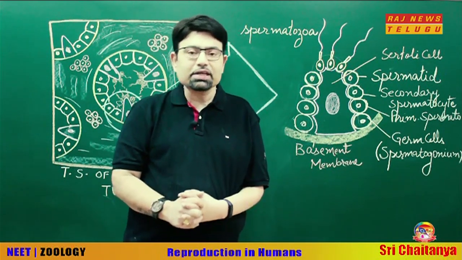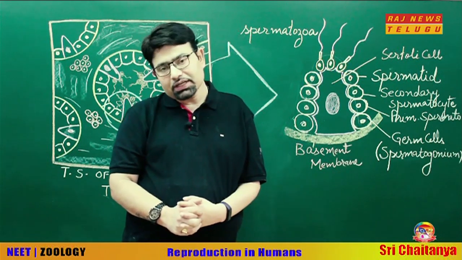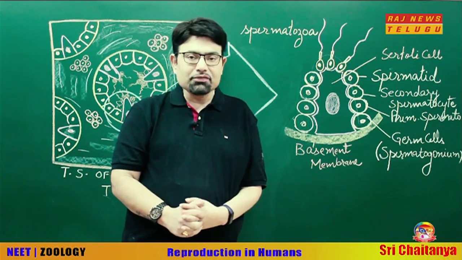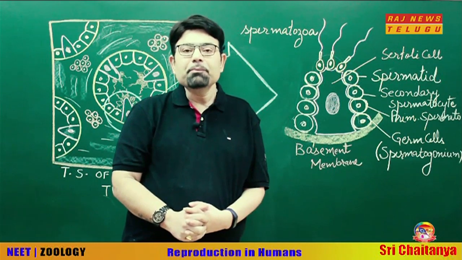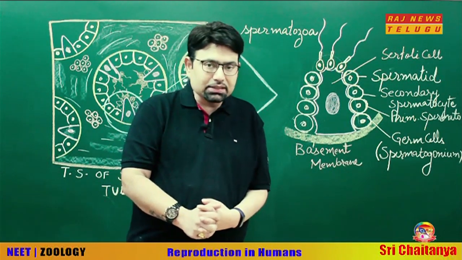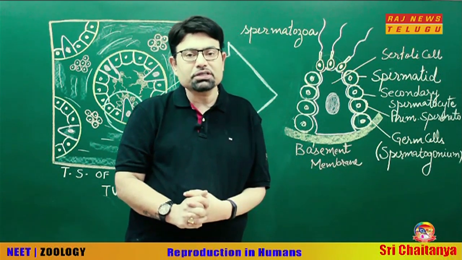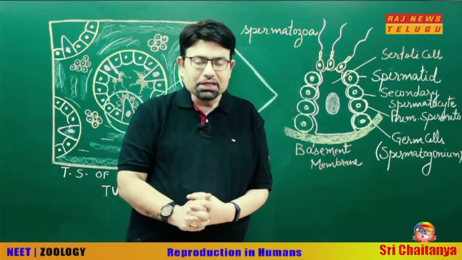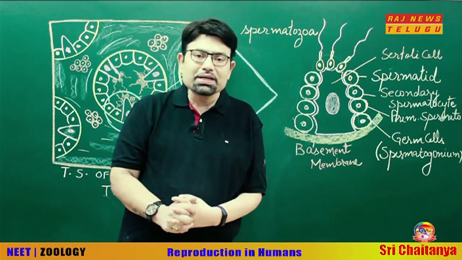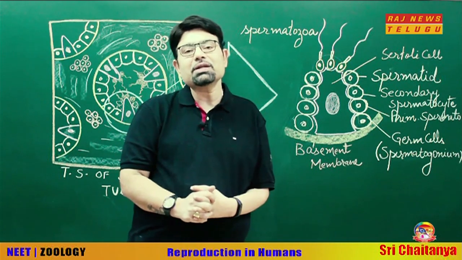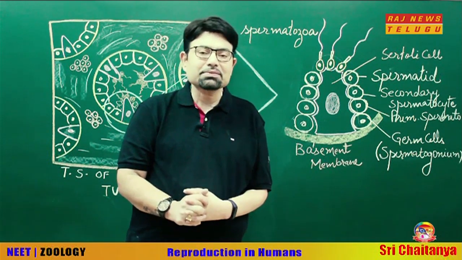Before that, a quick revision of what we have done yesterday. Yesterday we started with the topic. In the beginning, we started the main terminology in reproduction and then the sequence of events in the reproductive process.